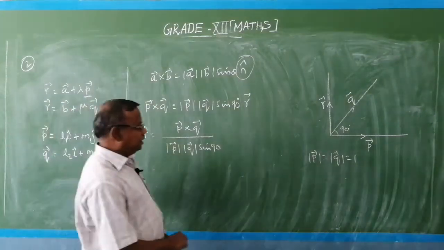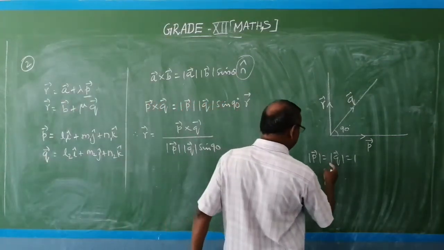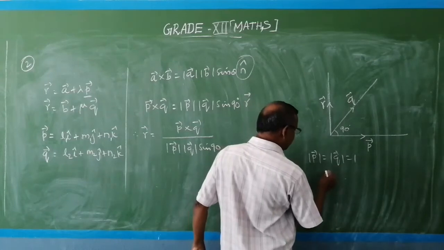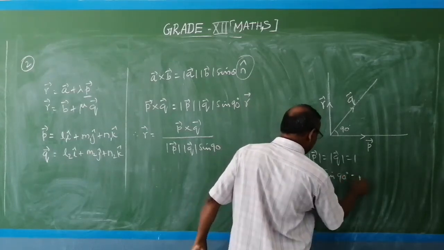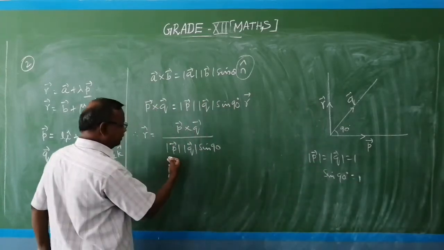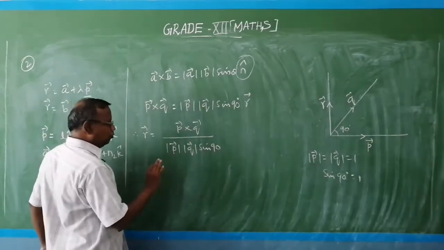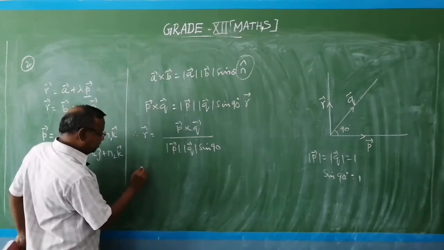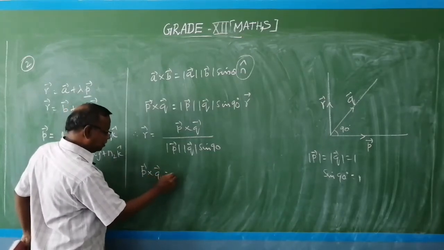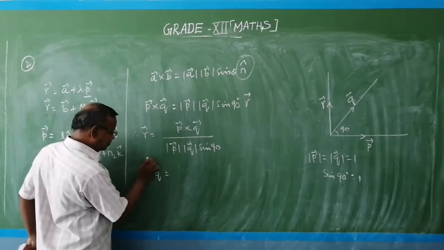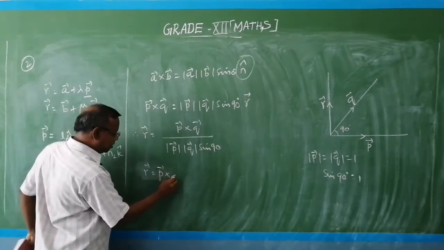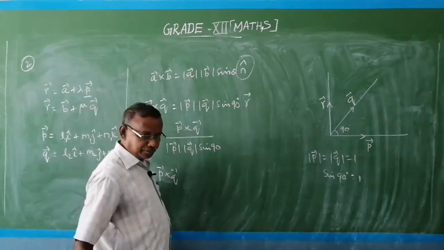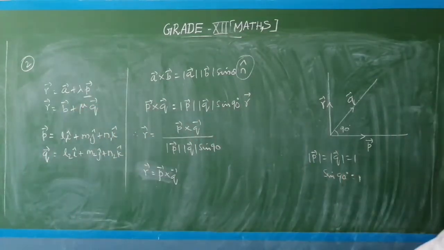We know that sin 90 degrees is also 1. Therefore, the denominator is 1 only. Hence, p vector cross q vector equals r vector. The required vector r equals p cross q. Now, let me rub the diagram.